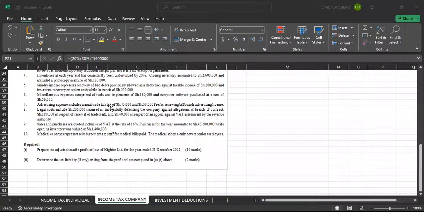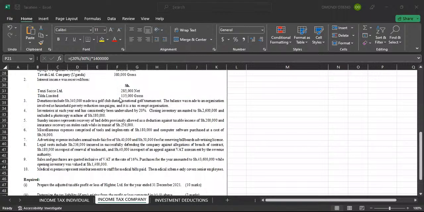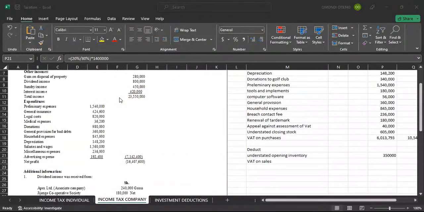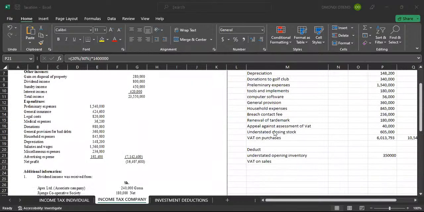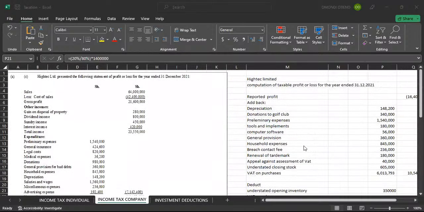The value for sales, do we have it? Do we have the value for sales given to us? The value for sales is given up here as 64 million. So we want to deduct, remember the income which was recorded here included the VAT amount.